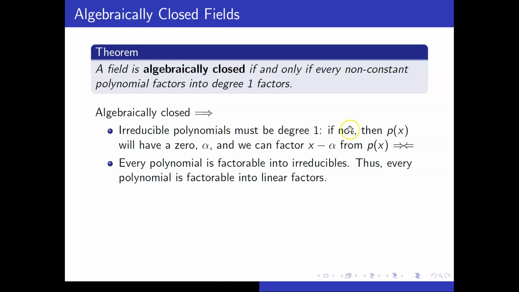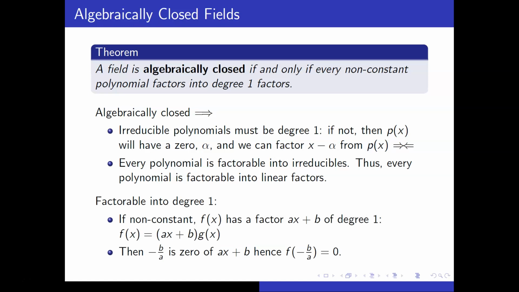If I were to have one that didn't have degree 1, then I could find a 0 of it. But if I have a 0 of it, then x minus alpha is a factor of it. But it was supposed to be irreducible, so it can't have factors, and that's a contradiction. So all of my irreducible polynomials have degree 1, but every polynomial is factorable into irreducibles. All of my irreducibles have degree 1, hence everything can be factored into degree 1 polynomials.